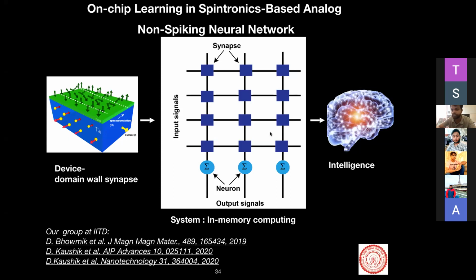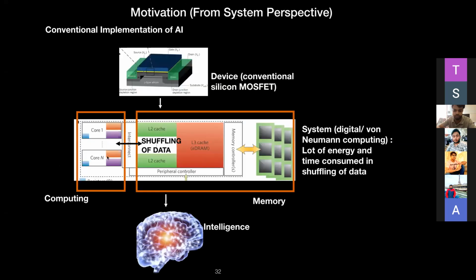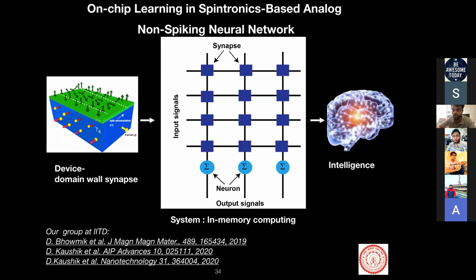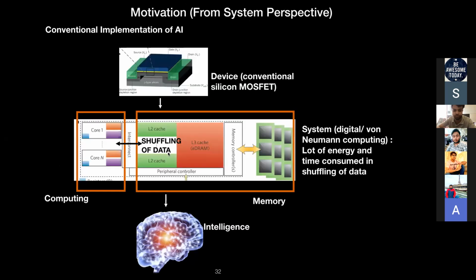So what is the advantage of doing it this way compared to doing it on a regular von Neumann architecture? What do you think? So we save lots of energy, latency. The latency issue you are going to be able to work out a bit, because here you are constantly fetching these weights from the memory, bringing them to the processor, doing the computing, and putting them back in the memory. Again fetching the weight from the memory, doing the computing, and then putting it back in the memory, right?